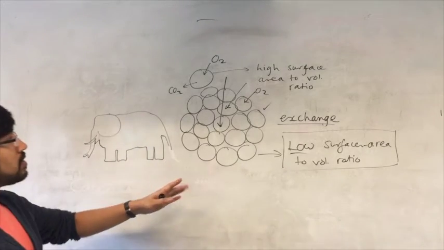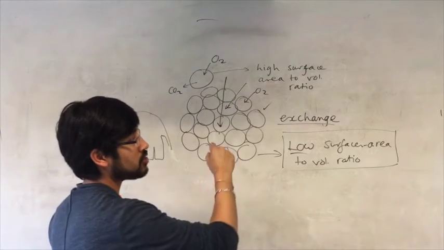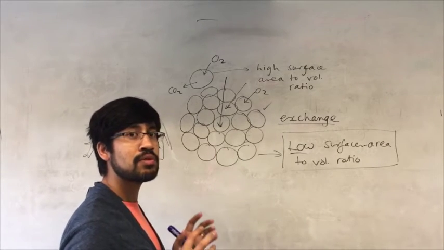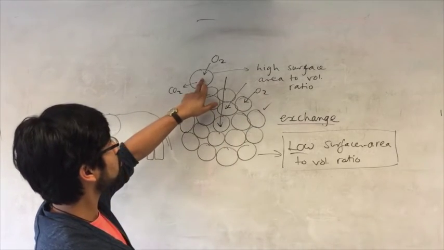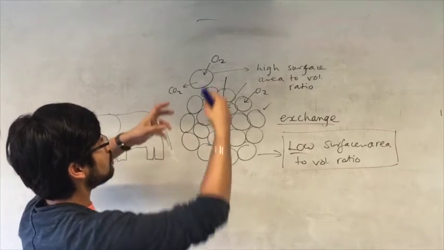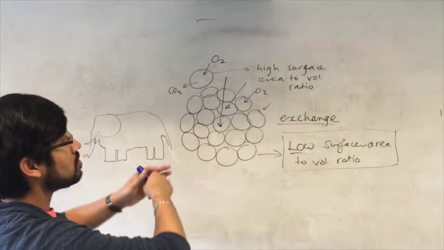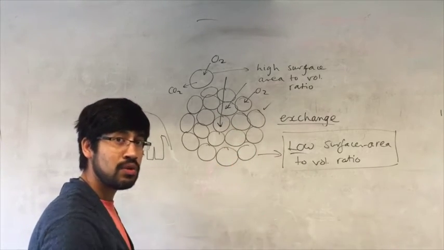So as organisms get larger, the need to develop specialized exchange tissues becomes greater, because of this surface area to volume ratio. Single-celled organisms or small organisms can rely on diffusion, because all of their cells are effectively close to the surface and can exchange directly by diffusion.